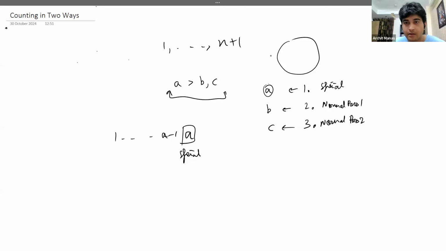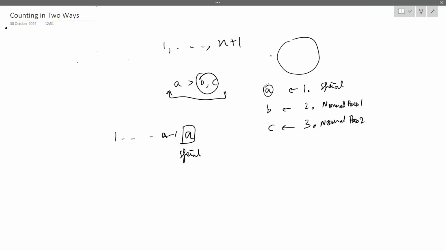How many ways are there to do that? A minus 1 choose 2? No, that's incorrect, because they're allowed to be the same. You could give the two passes to the same person, and also the passes are distinguishable. Yes, exactly, A minus 1 whole squared.